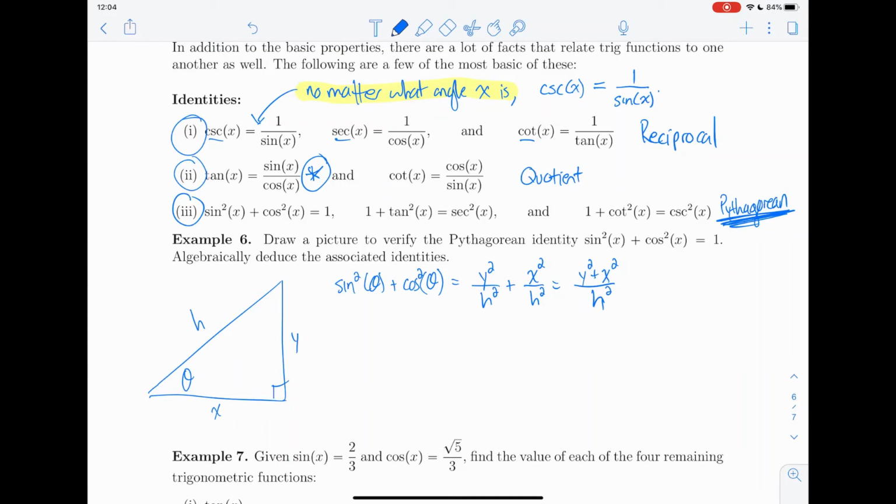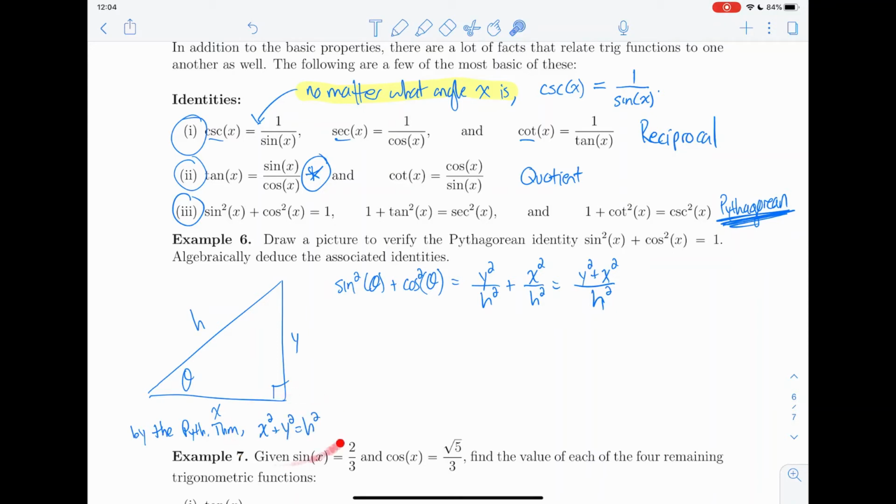But you might be asking yourself, where does the Pythagorean part come from? Well, that key observation comes from looking at this triangle we've built and using the Pythagorean theorem. Note that by the Pythagorean theorem, the base squared plus the height squared is equal to the hypotenuse squared.